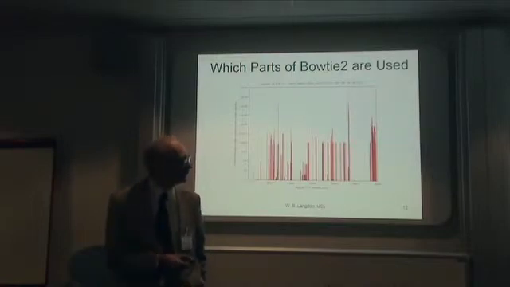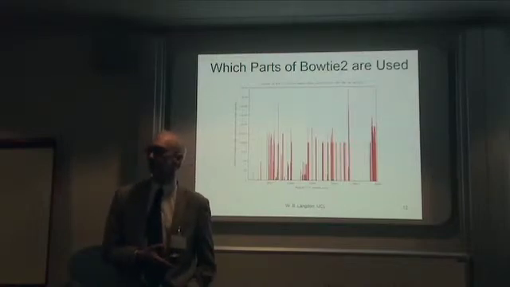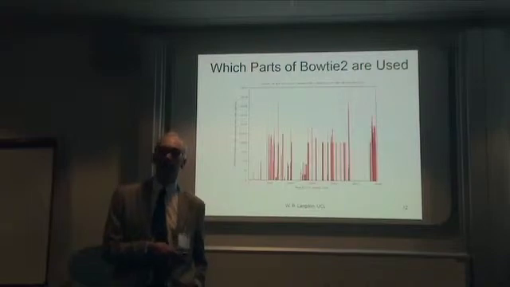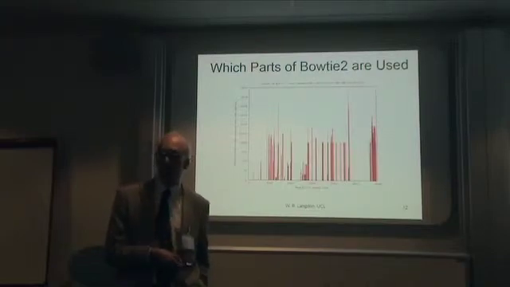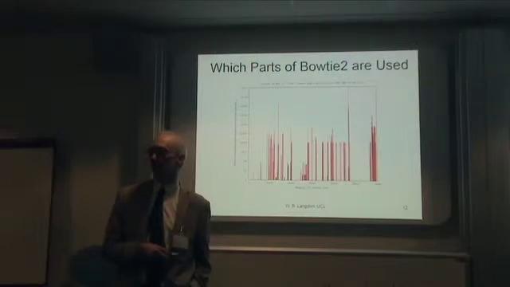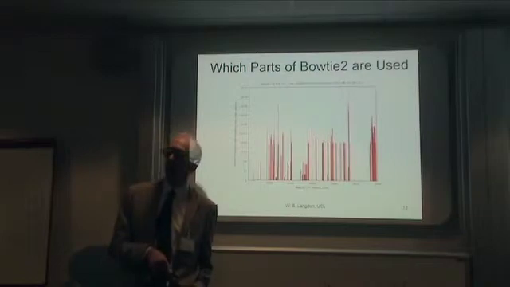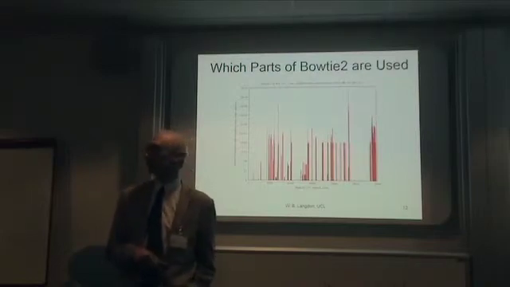You can see immediately there's an awful lot of white space. These are lines of Bowtie 2 that were instrumented but were never run in the cases we care about. It doesn't mean they are never used, but they're not used in the cases that we're going to try and optimize for.